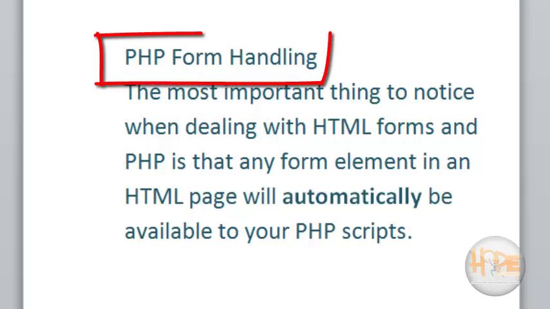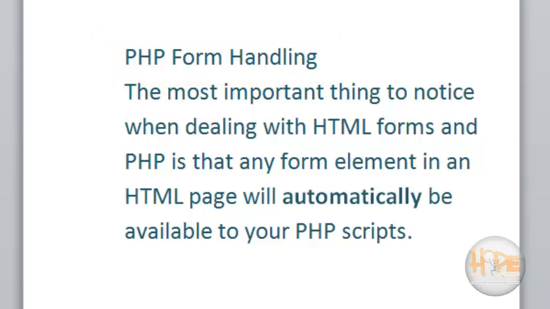PHP form handling: the most important thing to notice when dealing with HTML forms and PHP is that any form element in an HTML page will automatically be available to your PHP scripts in the GET and POST methods.